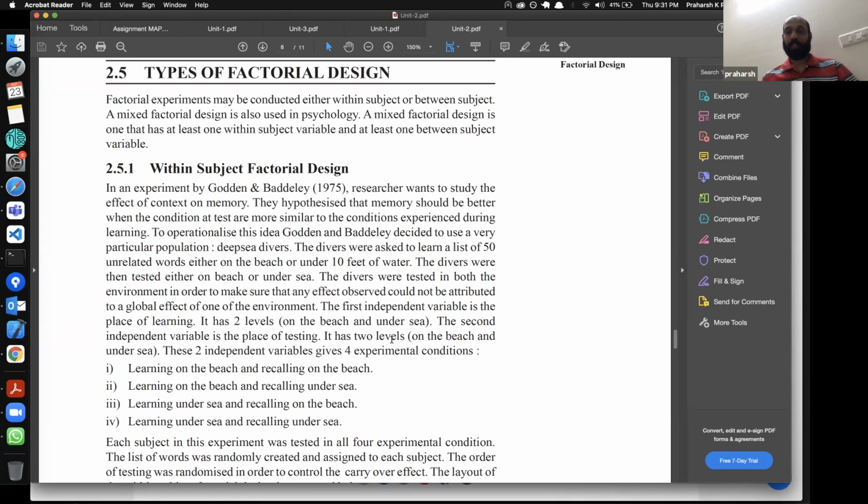So the ability for the brain to remember things is greater when it tries to remember those things in the same setting where you did the encoding of the memory. This has actually been proven.